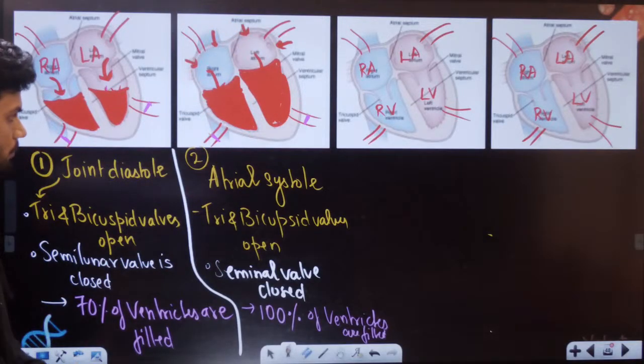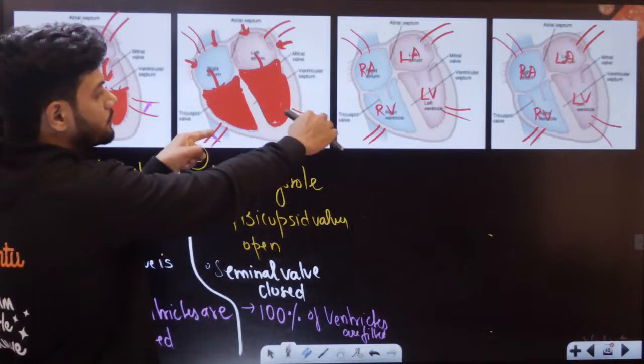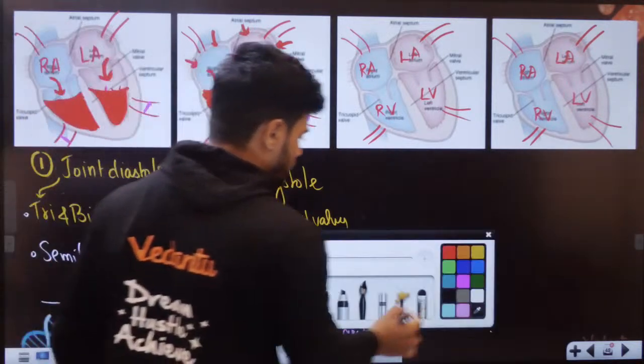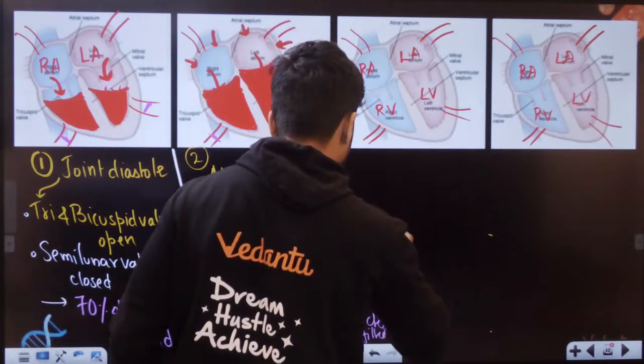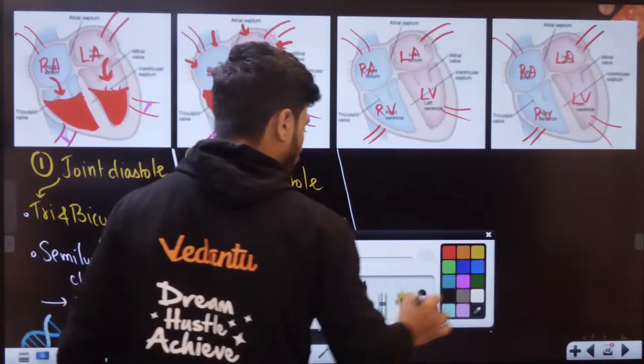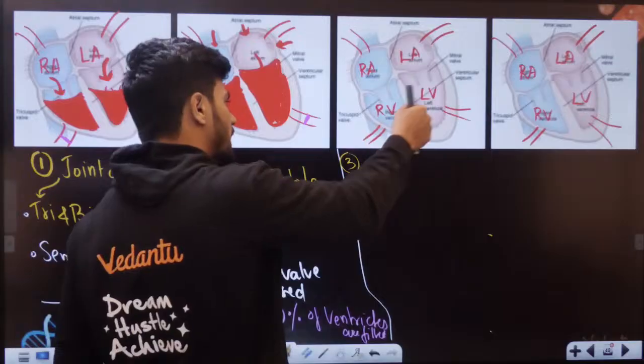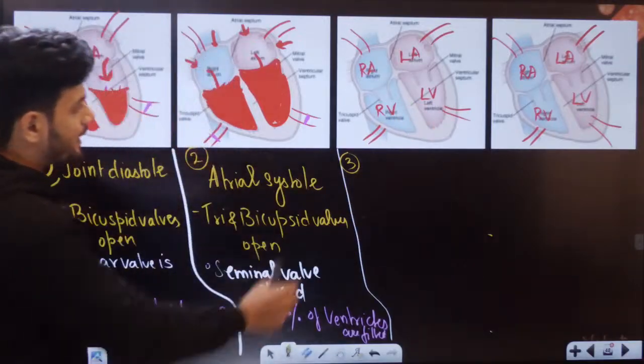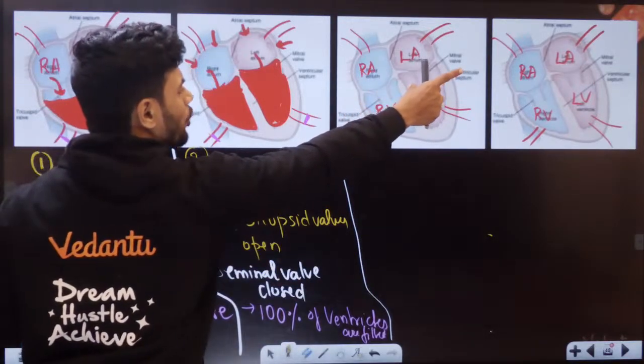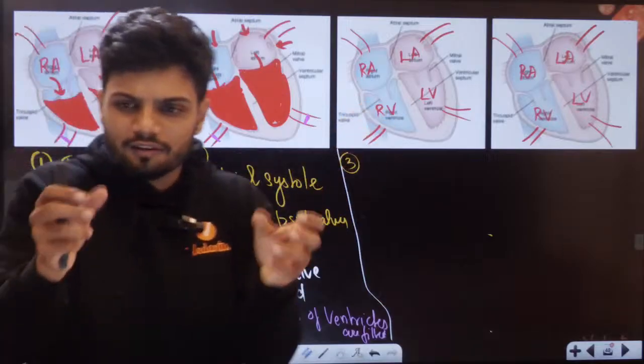Now, what do we need to do? We need to push the blood out of these valves. In phase 3, what happens? If you want to push the blood outside, students, do the ventricles have to contract? They have to contract, because if they don't contract, the blood will not go.